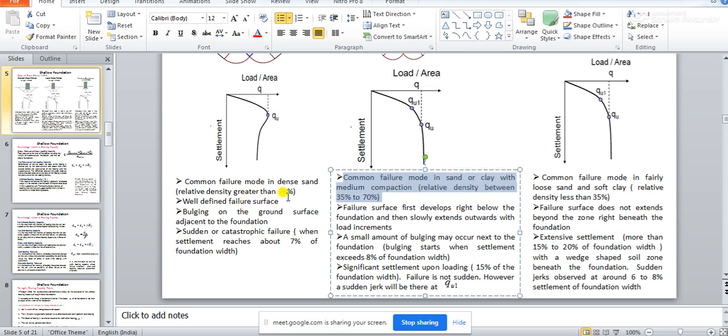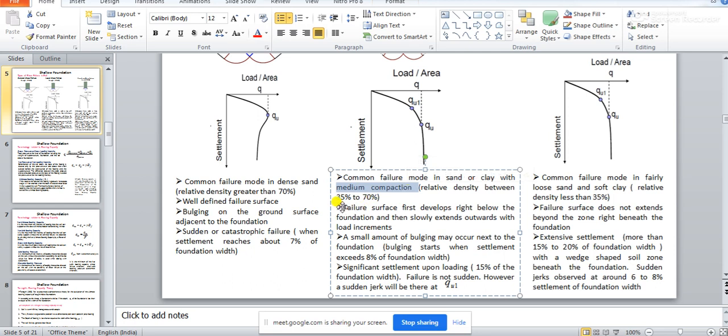If the relative density of soil is more than 70%, so if it is a dense sand, you may expect general shear failure in the soil. However, if the relative density is between 30% to 70%, then for soils of type sand and clay with medium compaction level, you may expect that local shear failure will happen.